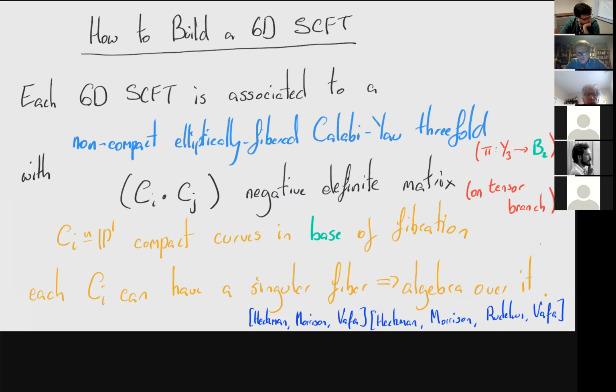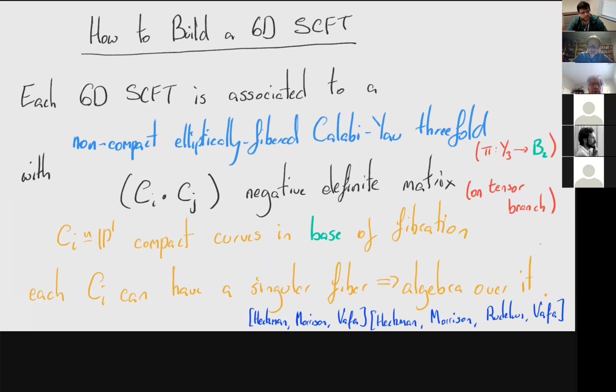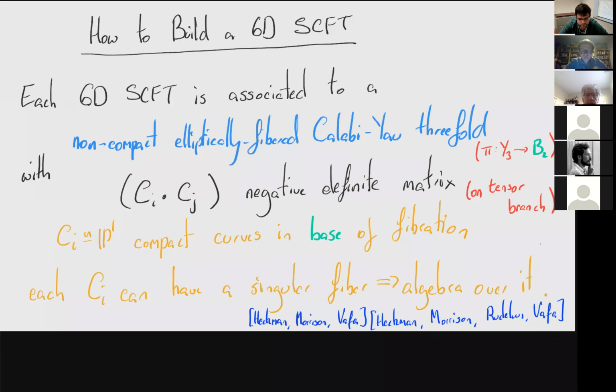The reason for the negative definiteness is that you want a conformal field theory, and in a conformal field theory you need to have no scales by definition. This condition on the negative definiteness of the intersection matrix is essentially what tells you that you can simultaneously shrink all of the curves to 0 volume and end up with a geometry at the origin of the tensor branch, where you have no scales and have a chance of conformal symmetry.